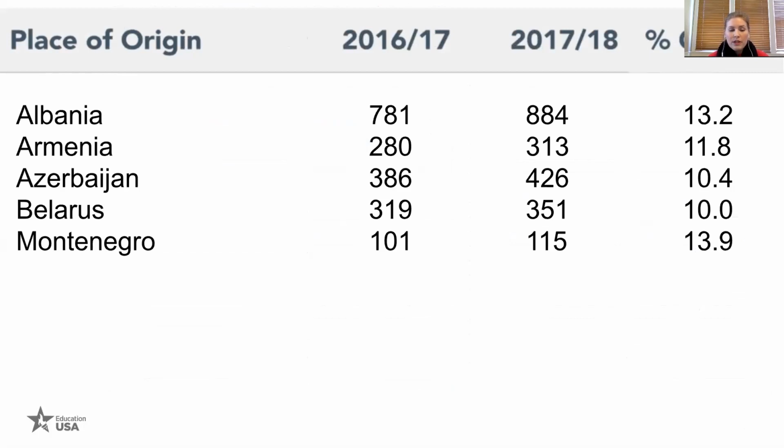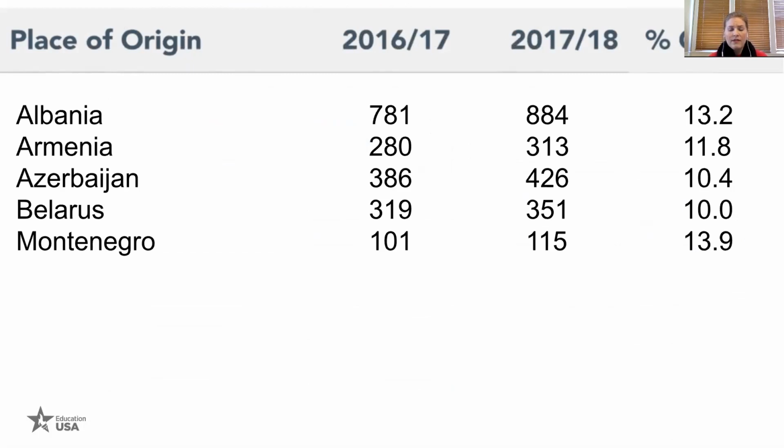In terms of the region, though, roughly 20 countries that we cover for Europe and Eurasia did see some increases of students studying in the United States at varying levels. But the countries we wanted to highlight here for you are the ones on this screen. So Albania, Armenia, Azerbaijan, Belarus, Montenegro. While overall their numbers are relatively low compared to other countries, they are seeing steady increases in the number of students from those countries in the United States.